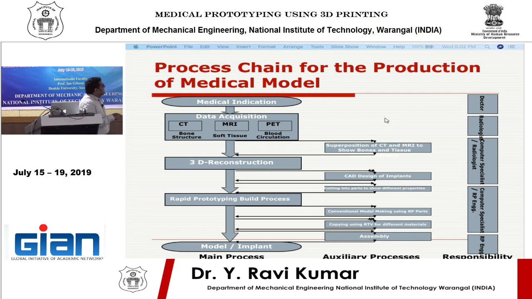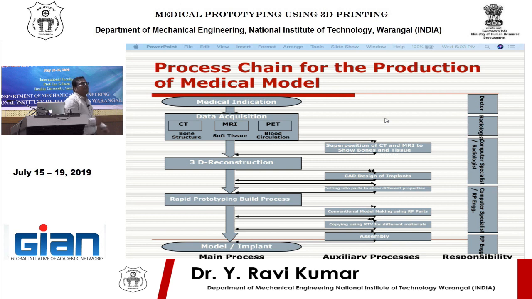So you start with the doctor, and then he may refer to a radiologist for reading the reports, either a CT or an MRI or a PET, or ultrasound or endoscopy, any of these. That should be done by the radiologist, and then the computer specialist sits with the radiologist and does a reconstruction and makes the RP model. These are the auxiliary processes, and these are the main processes, and these are the responsible persons.